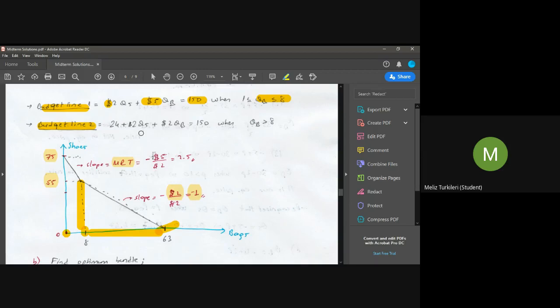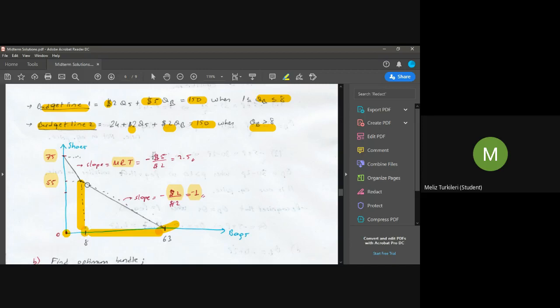How can I do this? Okay, what we know is that the price should be equal to 2 for the shoes and the price should be equal to 2 for the bags. And the income again is 150. But we should draw this line when the quantity of bags is higher than 8. So it means that we are going to draw this line after the amount of 8.